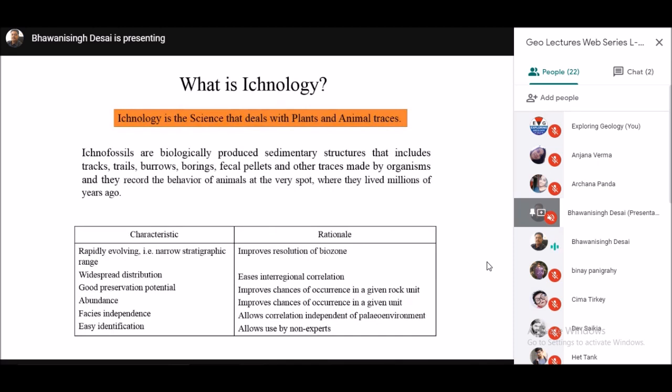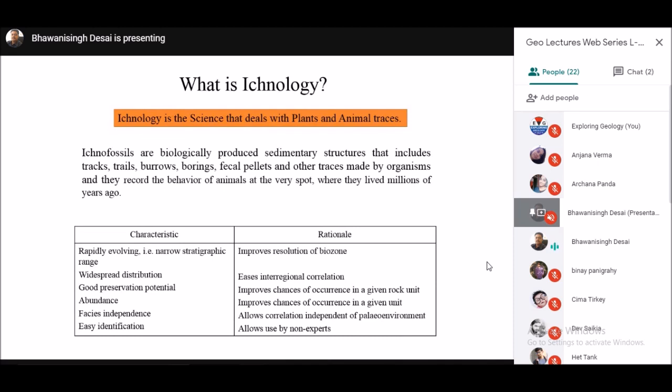Now, how do they record behavior? Suppose I'm a human being and I have walked on a sea coast and left my footprint behind. Depending on the size and the preservation of the footprint, anybody could understand whether I was running or walking. So this behavior of the animal we can also understand.